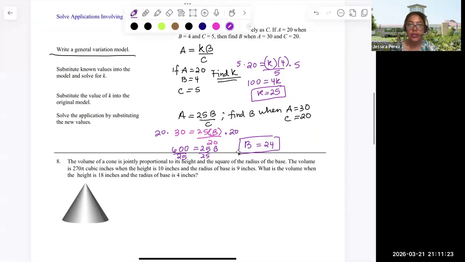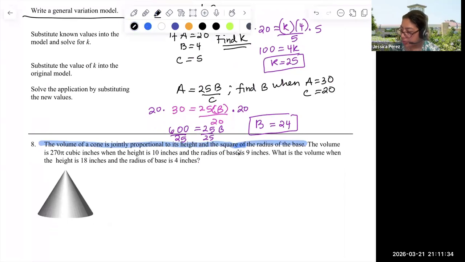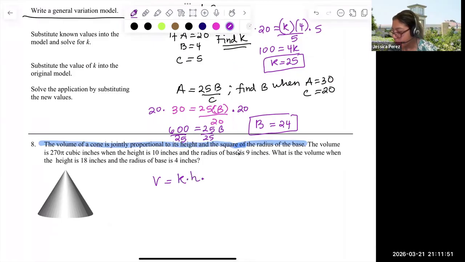Let's go ahead and read the question. The volume of a cone is jointly proportional to its height and the square of the radius of the base. Let's write that down. So the volume of a cone, so V, is jointly proportional to its height and the square of the radius. So K, there's our K, times our height times the square of its radius, so R squared.